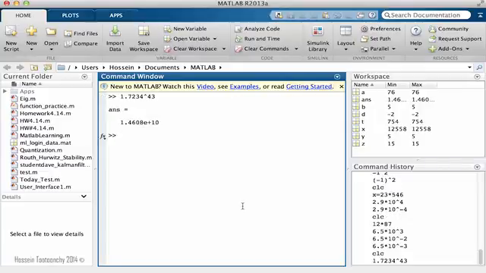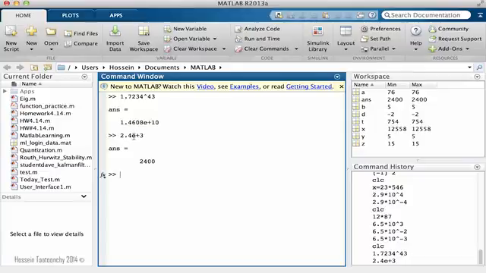If I calculate such a thing, the result here is 1.46 and a series of numbers, and then e, which stands for exponent, plus 10. So what does it mean? Let's calculate it. If I say 2.4 e plus 3 and hit enter, you will notice that the result is 2400.